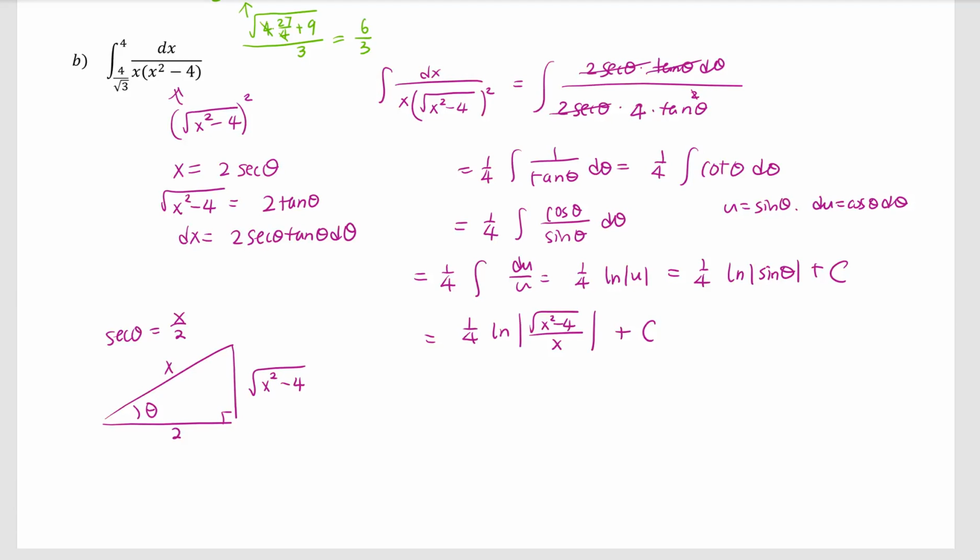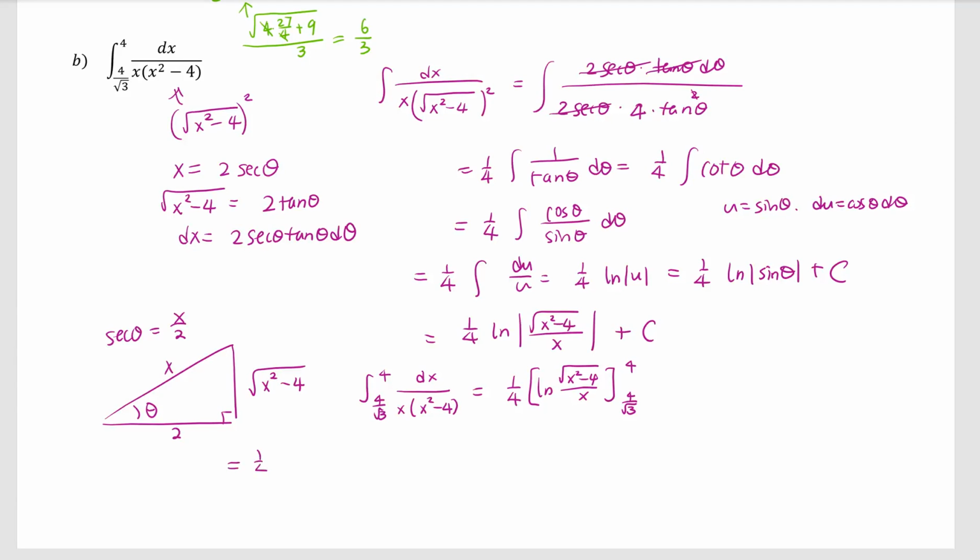Okay, so now what is the definite integral? I don't have much space, but I still have enough space. Okay, let me write it down. So the integral of dx over x times square root of x squared minus 4. Well, this is going to be this guy evaluated from 4 over root 3 to 4.